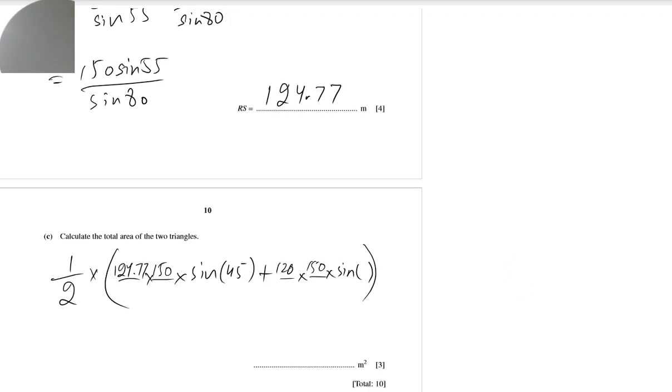Point 0.5 bracket 124.77 into 150 into sine of 45 plus 120 times 150 times sine of 25.